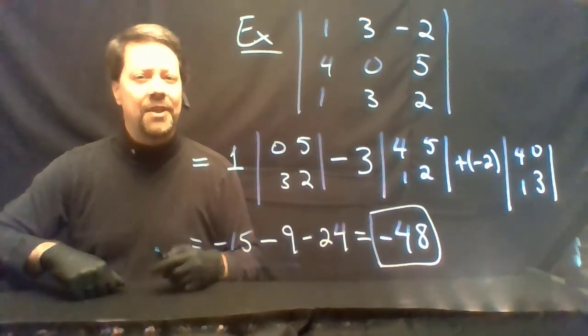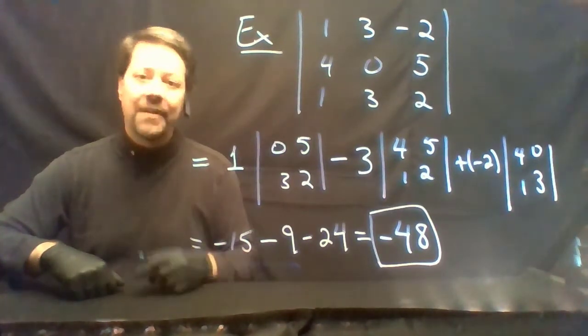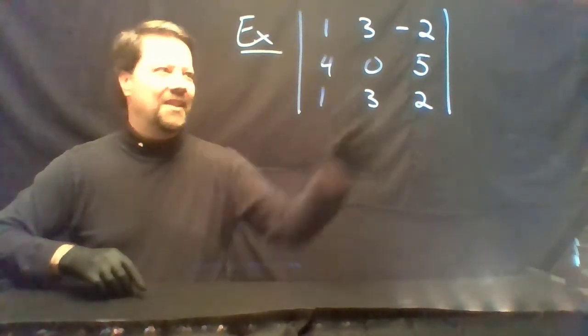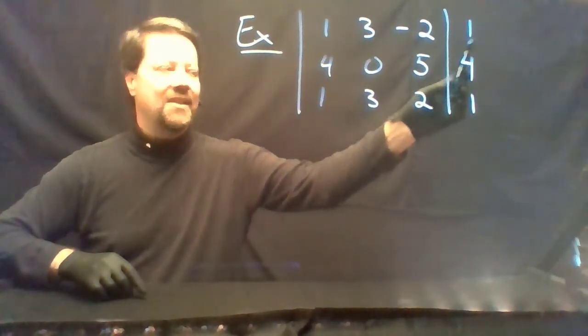There is a special method for calculating determinants that only works for 3 by 3s, like this. I'll show you how that's done. Some people like to copy the first two columns. I'll show you how this is unnecessary in a minute.